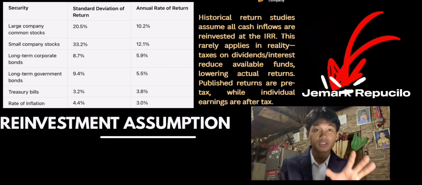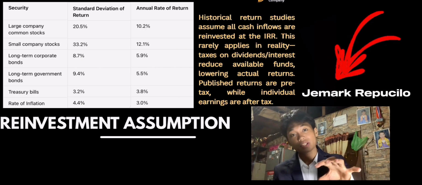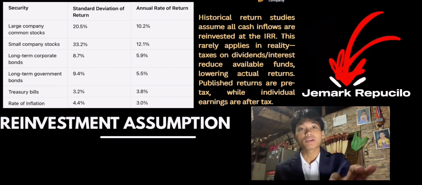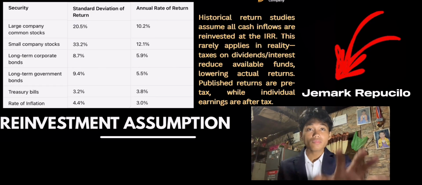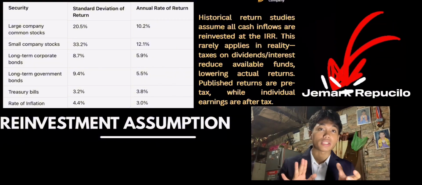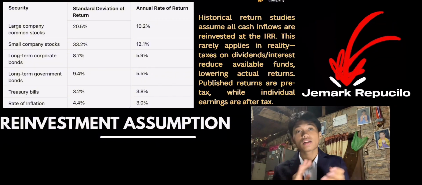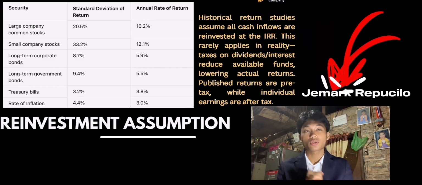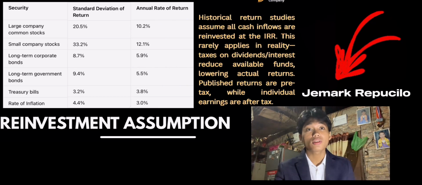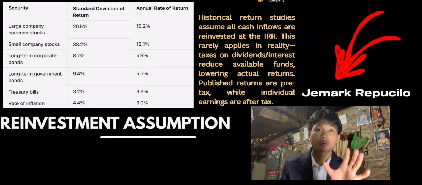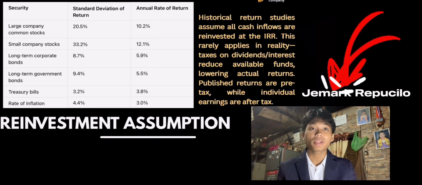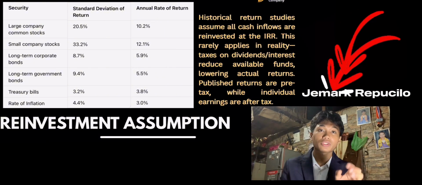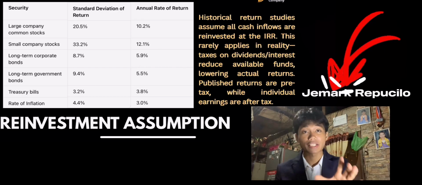The annual rate of return shows the average yearly profit earned from the investment. The data given shows small company stocks have a higher return at 12.1%, but also high risk with a 33.2% standard deviation, so high profit potential but very risky.